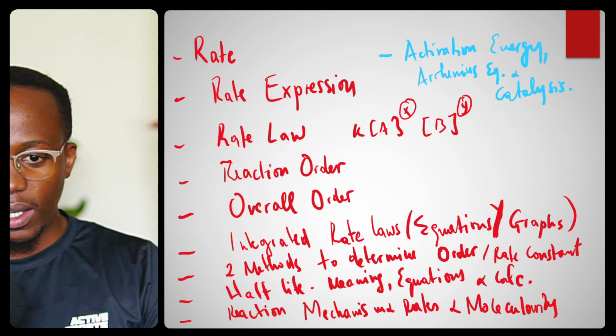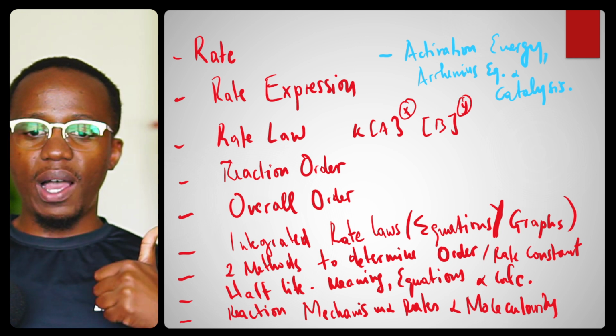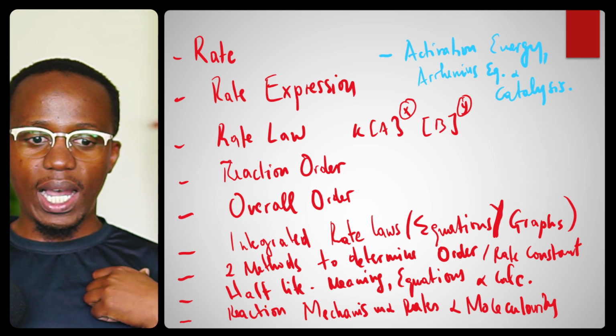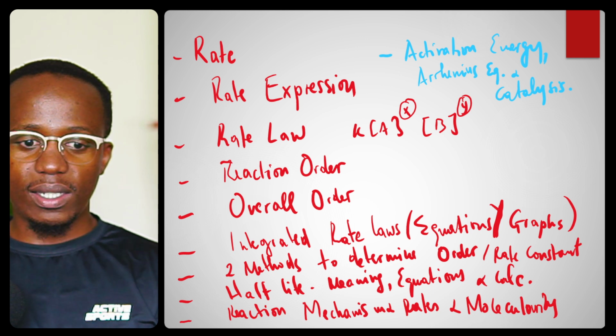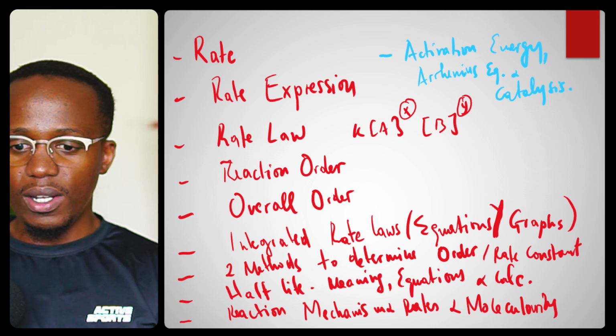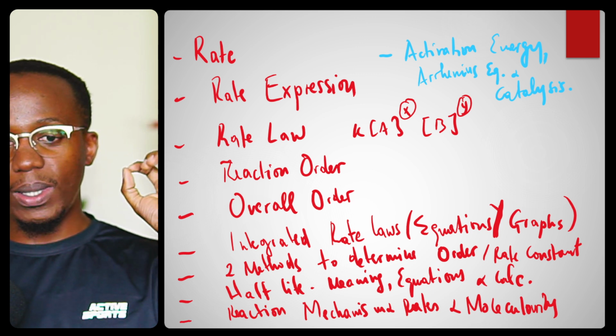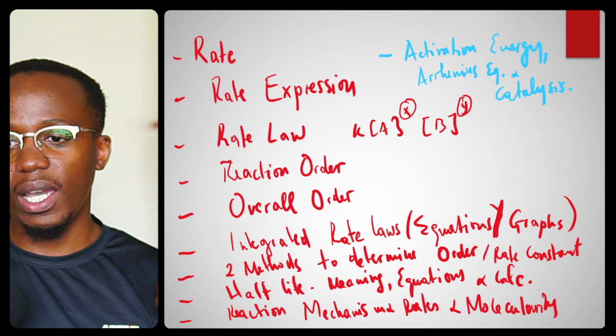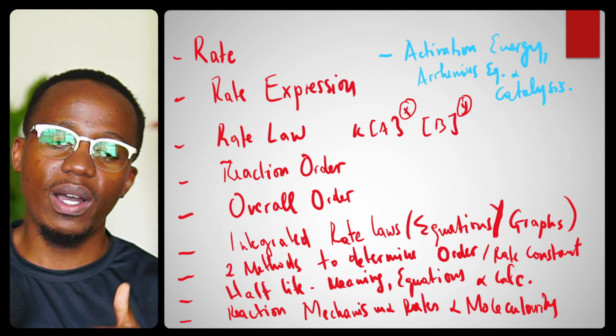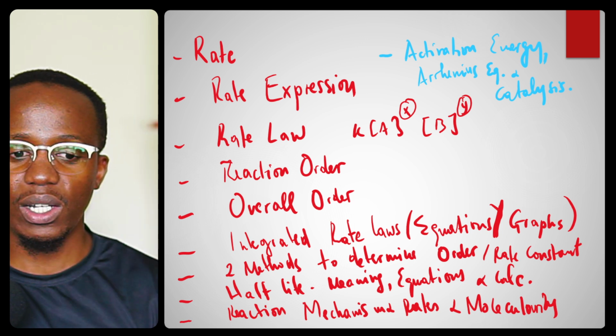We talked about the method of graphing and the method of looking at the rates. If you double the concentration, does the rate double, or does it quadruple, or does it stay the same? And from there, you have a zero order, first order, or second order.